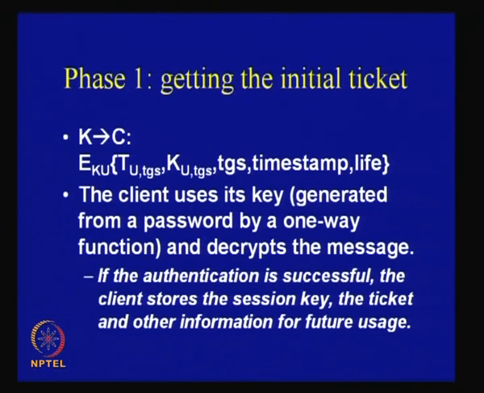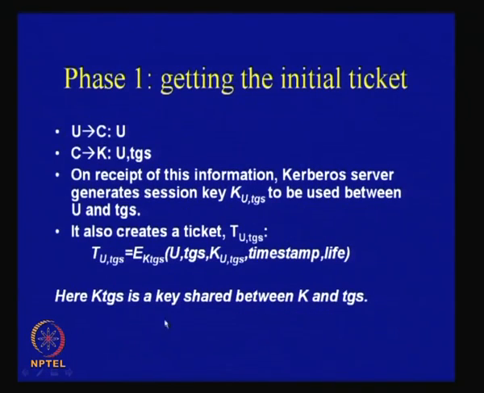So, first, on receipt of this information, the Kerberos server generates the session key KUTGS, which is to be used between the user and the TGS. It also creates a ticket TUTGS for user U to communicate with the ticket granting service.